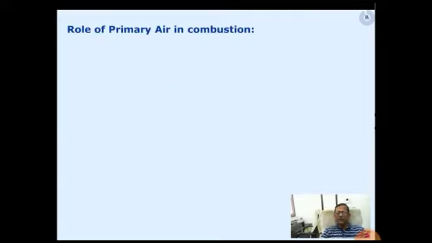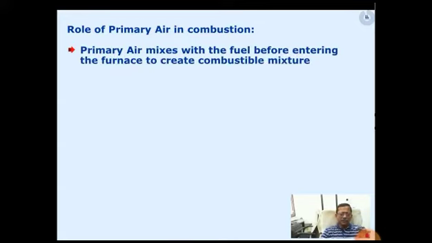What is primary air? It is basically the air which is coming with the fuel, right? So the role of the primary air in combustion is to create a combustible mixture which will ignite and start combustion once the temperature is available, right? Now this combustible mixture should be an optimized air-fuel mixture.